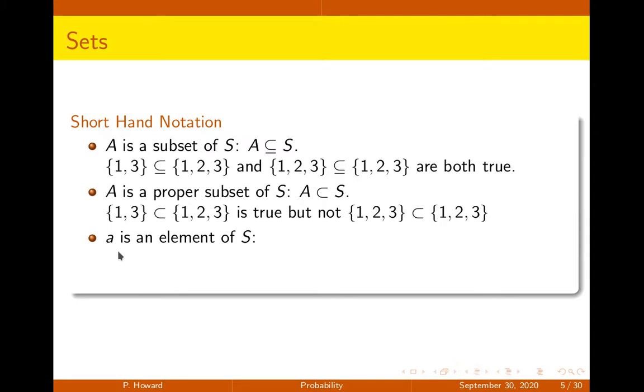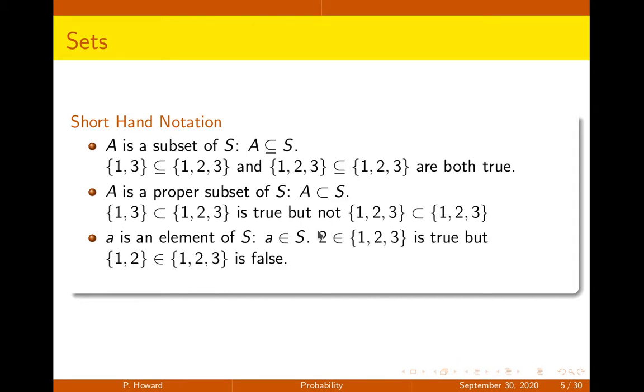The shorthand notation for little a is an element of S. Remember, this means that little a is one of the objects in S. The symbol for "is an element of" looks like a Greek epsilon, but this is read little a is an element of capital S. So for example, the number 2 is an element of the set whose elements are 1, 2, and 3.